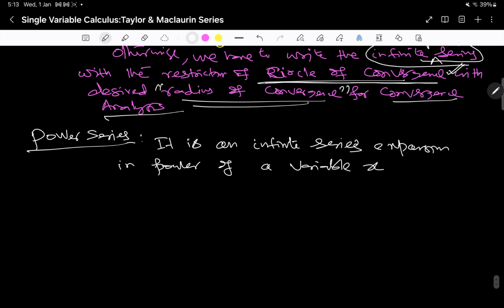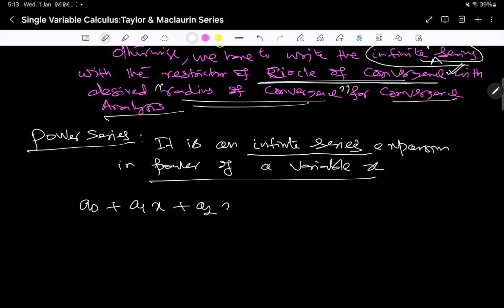So what is a power series? Basically it is an infinite series in the power of a certain variable x. That means I write it a0 + a1x + a2x² + a3x³ + and so on. Here you see the series is written in the power of x, and the first power is x to the power 0.